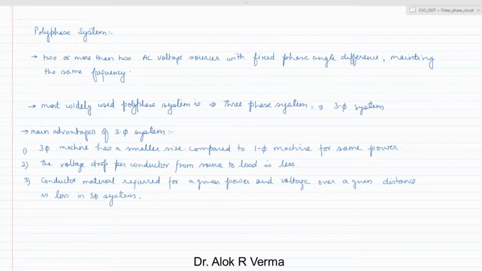This is also a very qualitative and economical advantage, especially in transmission, when we have to transfer a bulk amount of power from the generating point to the load side. With these advantages, the three-phase system has been chosen and is very commonly used in practice for generation, transmission, distribution, and utilization of electrical energy.